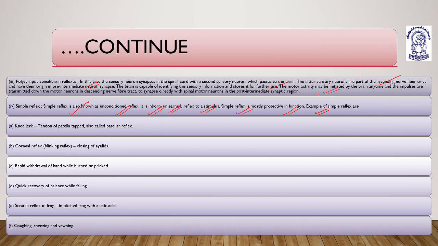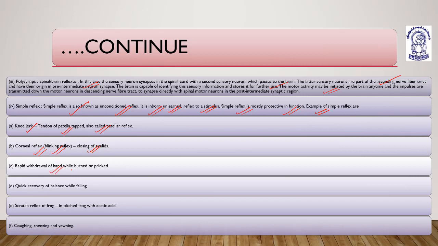Examples of simple reflex are the knee jerk reflex, also called the patellar reflex, which occurs when the tendon of the patella is struck. Corneal reflex or blinking reflex, the closing of eyelids, is also a simple reflex.